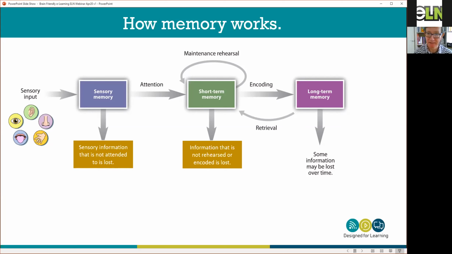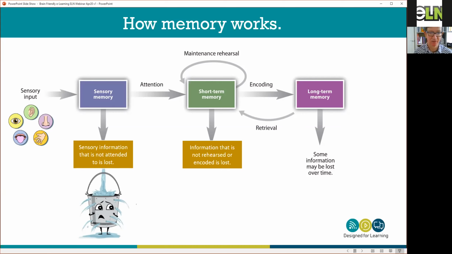But if we pay attention to something, then it goes into our short-term memory. So we think about something: I must remember when I get home to do something. That goes into short-term memory, and in short-term memory we can rehearse it, so we can keep thinking about it.